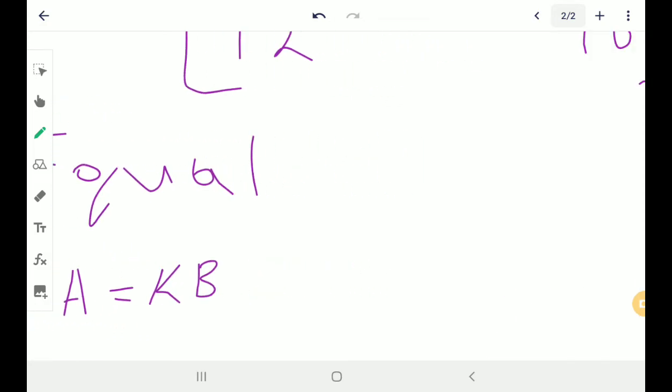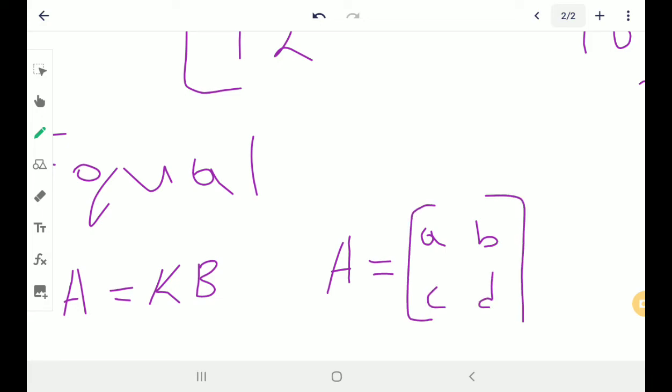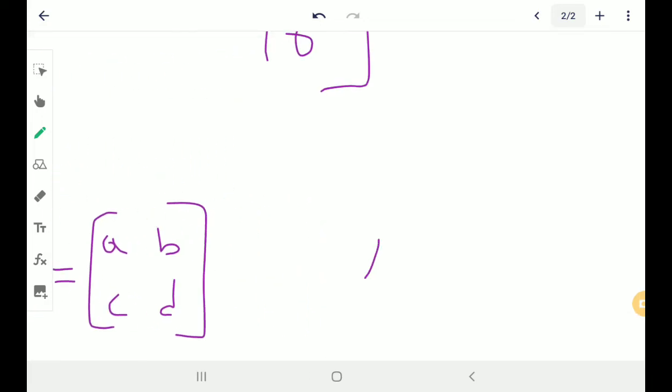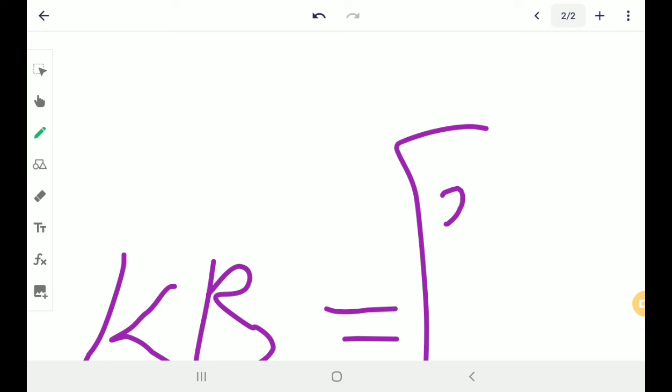So therefore, if A is equal to KB, we could say, remember what A is? A is equal to A, B, C, and D, right? And the KB, which is a scalar, multiplied by the matrix B. So that means if the matrix B was 2, 4, 6, and 8, KB would mean 2 times K, which is 2K.